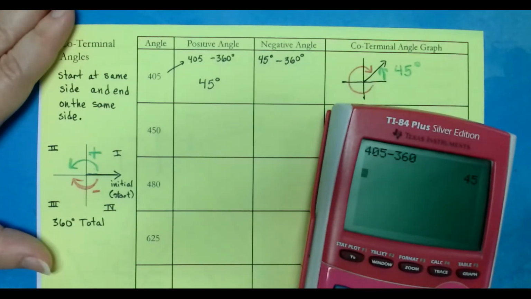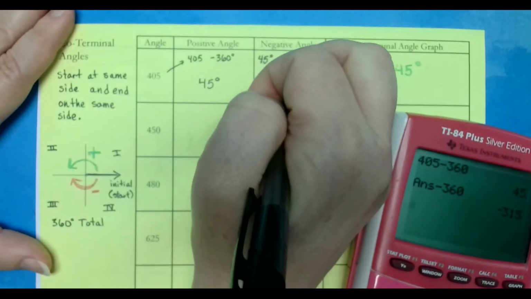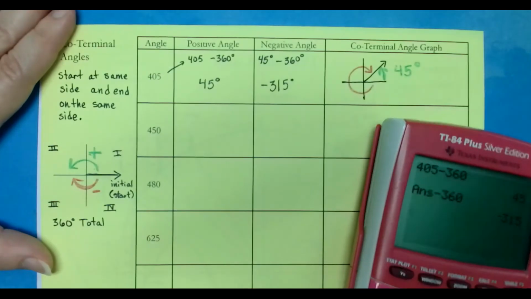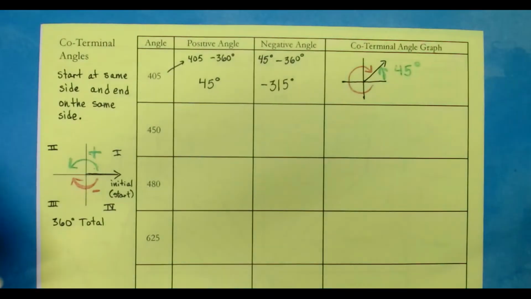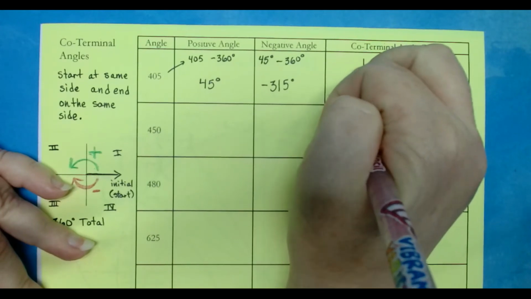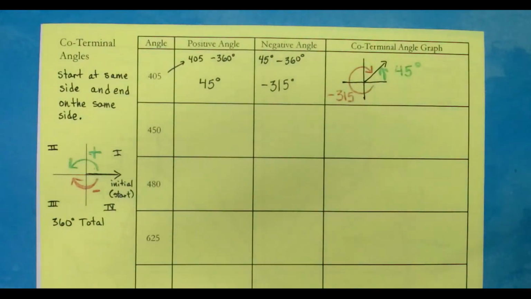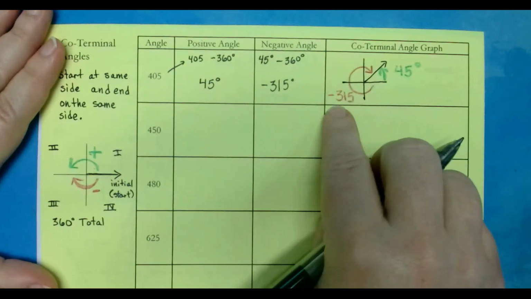I subtract 360, and I get negative 315. So my negative angle is going to be negative 315. And that should be the case every time. My positive angle should be a positive number. My negative angle should be a negative number.